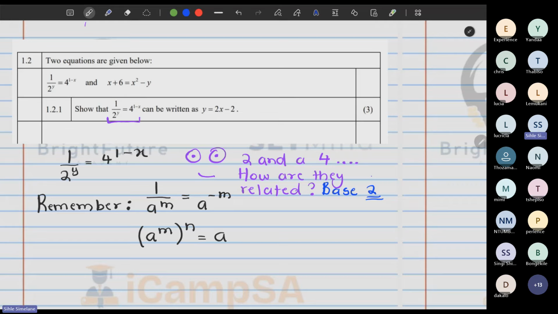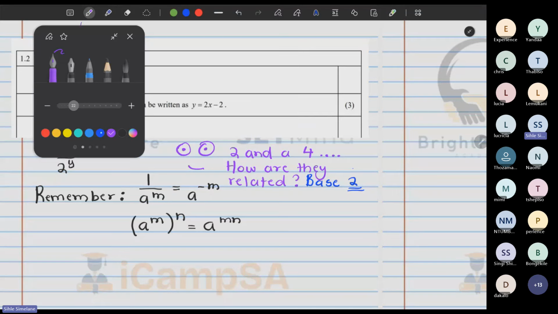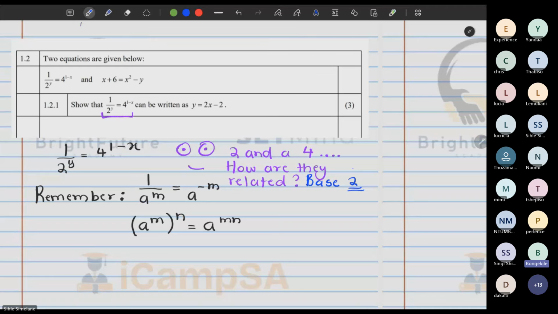A to the power of mn. Yep, mn. That is easy, guys. Thanks for that. So you can change 1 over 2 to the exponent of y into being 2 to the exponent negative y. Yep, you're such a genius. You are ahead. We'll get to that shortly.